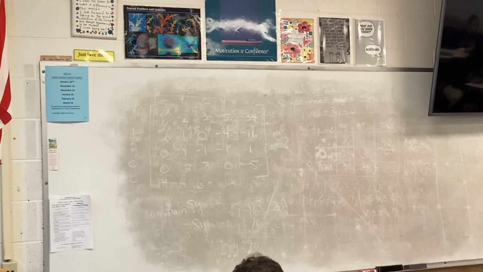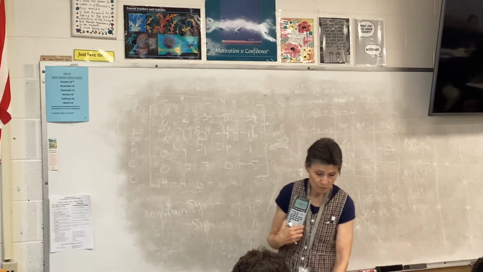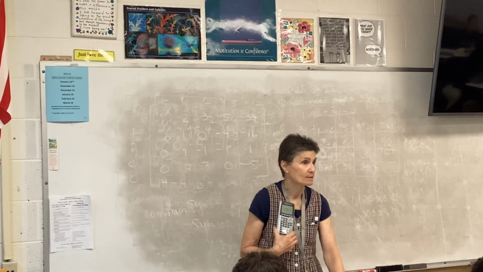Because of the rectangularness of our screen, things might get a little stretched one way or the other. You can always get a better picture by zoom square. So zoom 5, and then you can see your leaves are actually the same size. They didn't really look that way in the beginning, but they are. Okay, so I'm not going to sketch the rest of those with you. You can graph the rest of those.